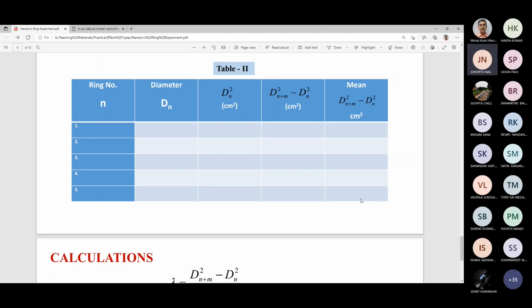Sir, but it seems from the image that more than one actually coincide. Even if you zoom, if it seems that more than one coincide, then you take the middle one. Suppose you are observing 3 consecutive lines and all 3 are coincident. So you take the middle one. Okay, sir.